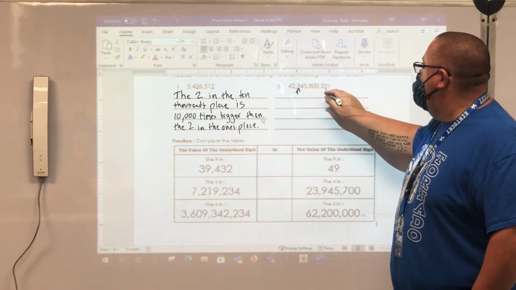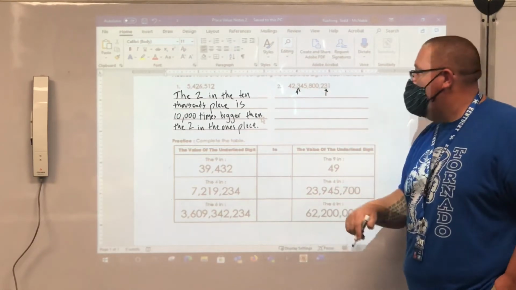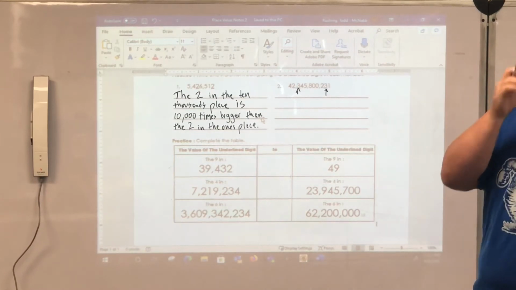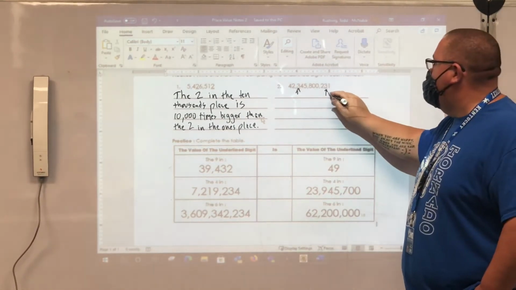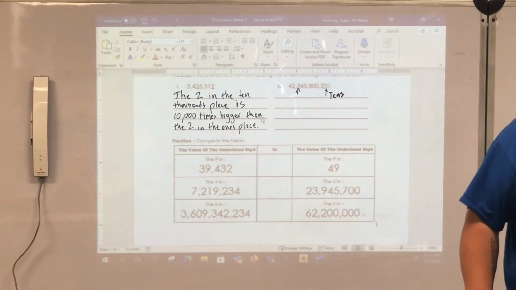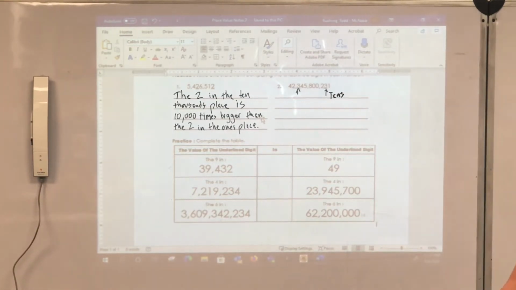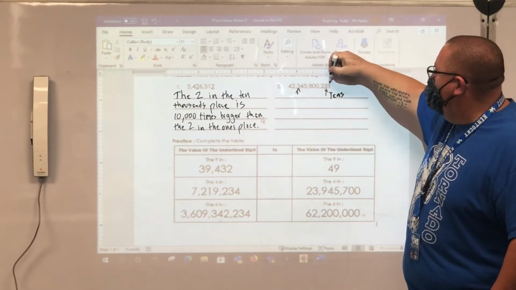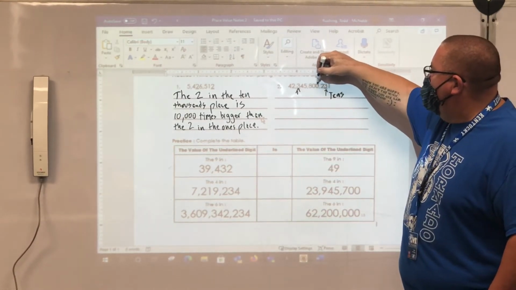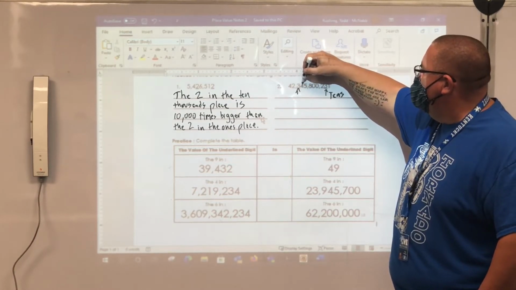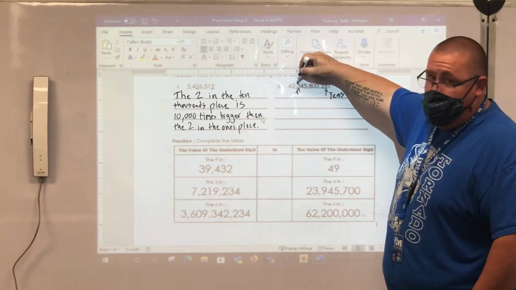We have 2 3s, and the 3 on the far right is in the tens place. The 3 on the far left is going to be in the, see, ones, tens, hundreds, thousands, 10,000s, 100,000s, millions, 10 millions, 100 millions.